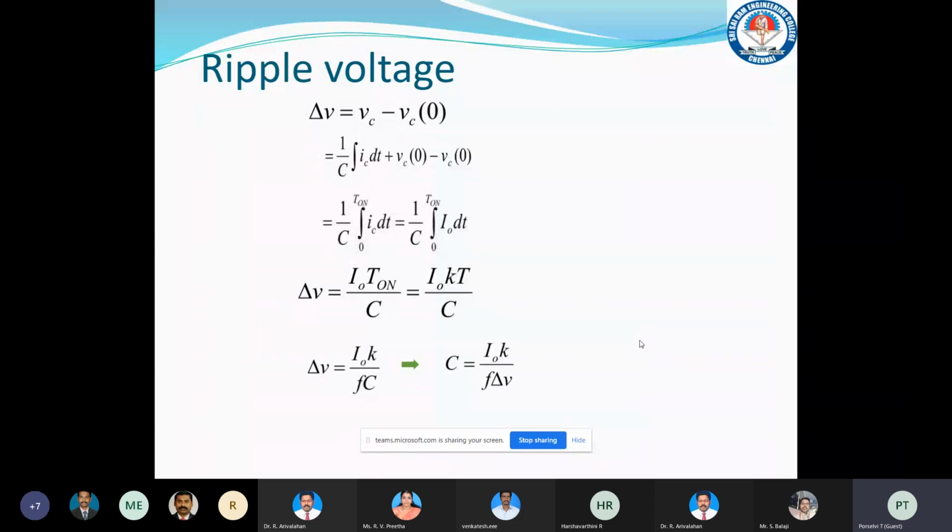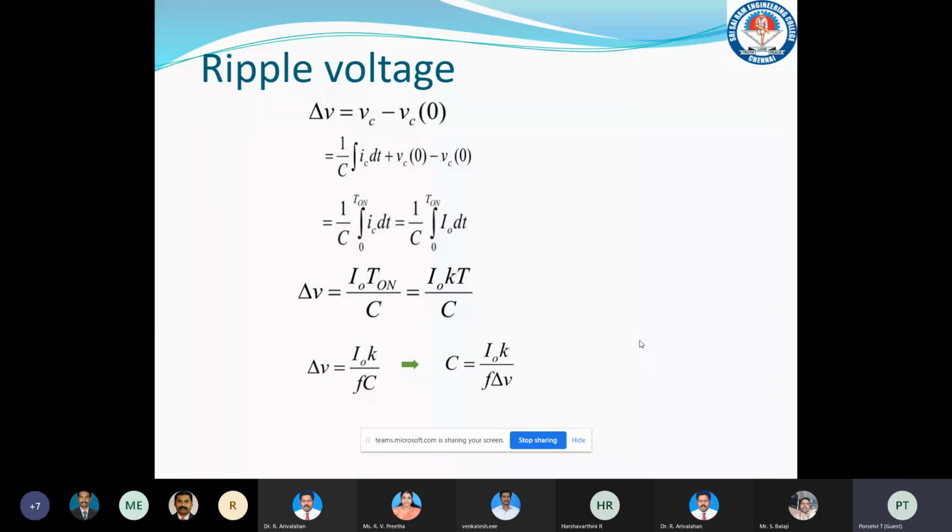And again, the expression for finding out the ripple voltage remains the same. Del V is equal to Vc minus Vc of 0. Again, the capacitor voltage at any instant can be written as 1 by C integral IC dt plus VC of 0. So minus VC of 0, we will cancel out the VC of 0.